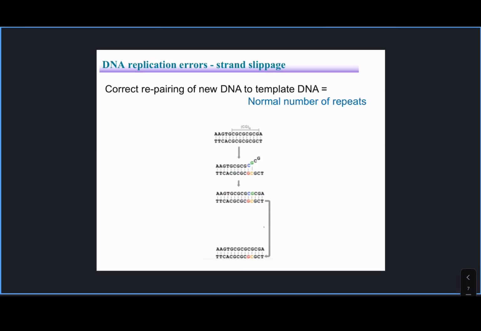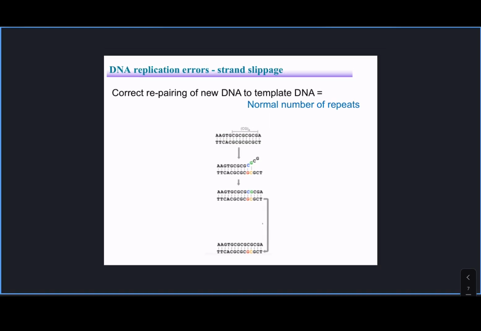A somewhat related and common source of error during DNA replication is a phenomenon known as strand slippage. So this is when DNA polymerase is reading through a DNA template strand and making a new DNA strand based on complementarity, as it should.